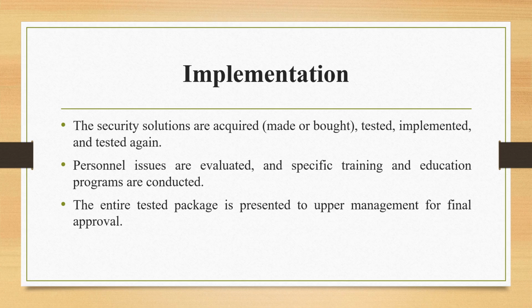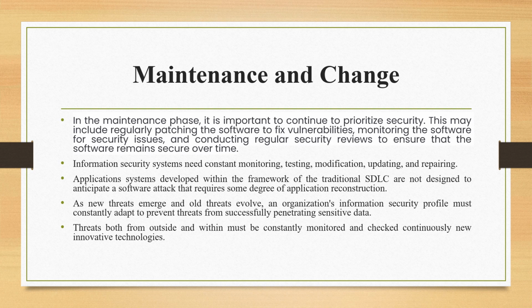The security solutions are required, so they are tested, implemented, and tested again. The implementation phase also has the coding process in which the coding is tested. If the entire code runs in a suitable manner, as we expected, then the implementation phase is good, and we can go for the next step and proceed further.